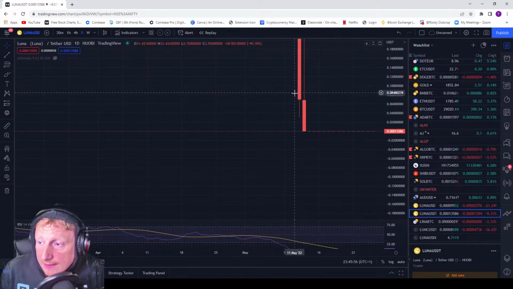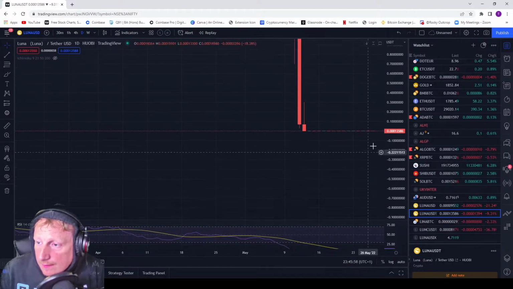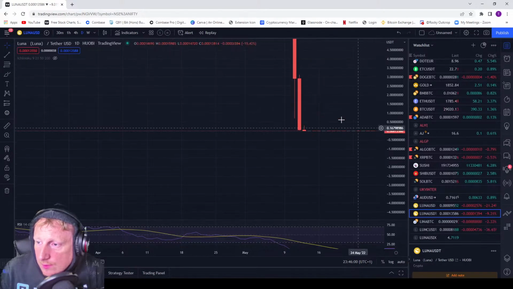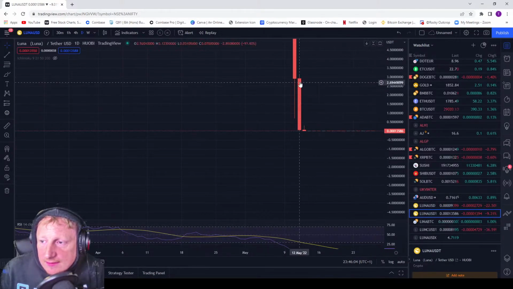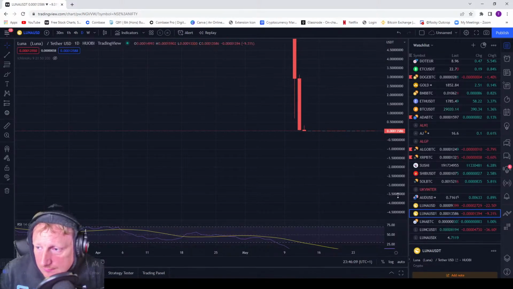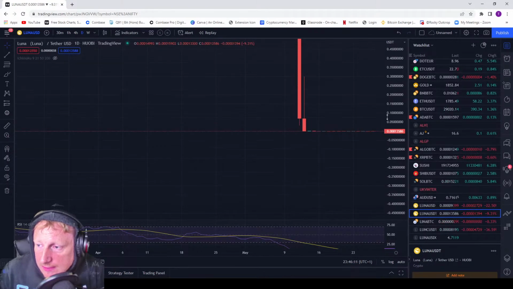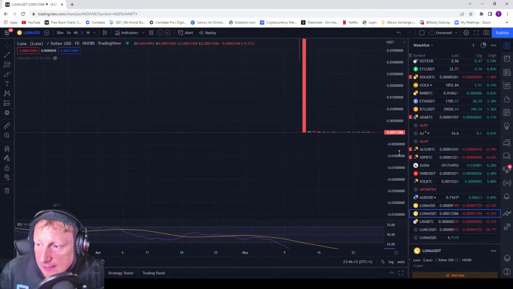Yeah, so I bought in here on the 12th, which makes all of the rest look like nothing. So I put most of my eggs in this basket here, and it just kept on going down and down and down.